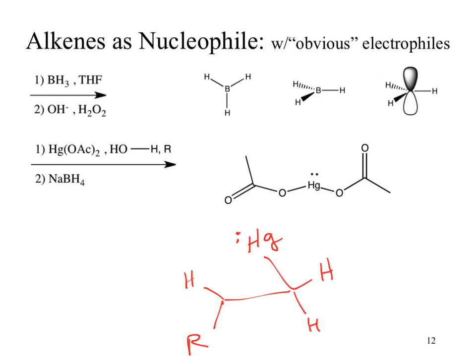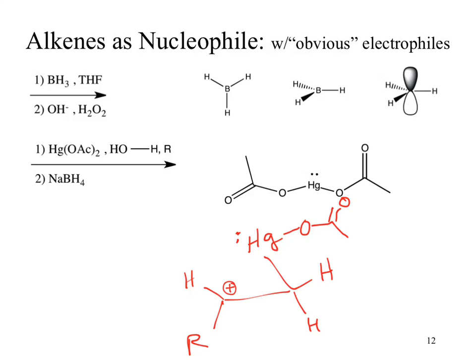Can anybody tell me anything special about mercury, particularly in comparison to, say, carbon or oxygen? What's its electronegativity comparison? Much lower. What else can you tell me?